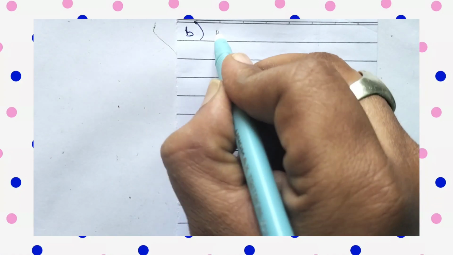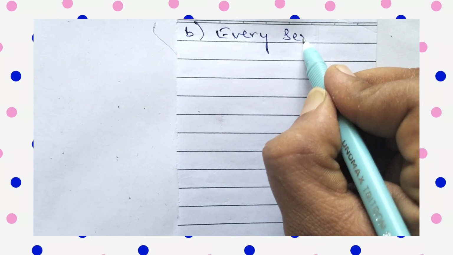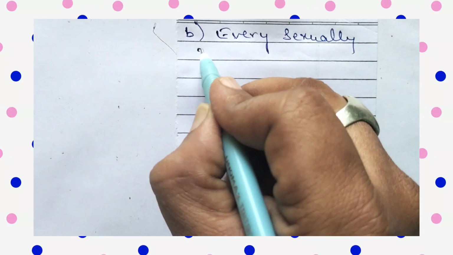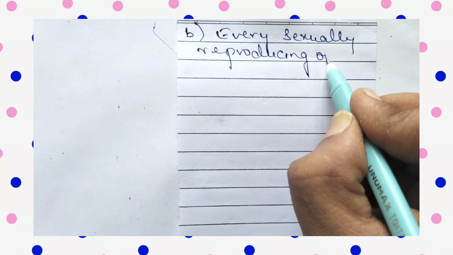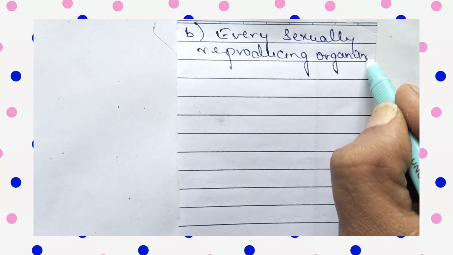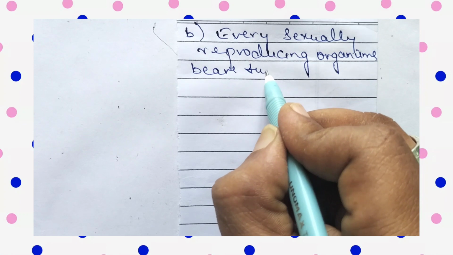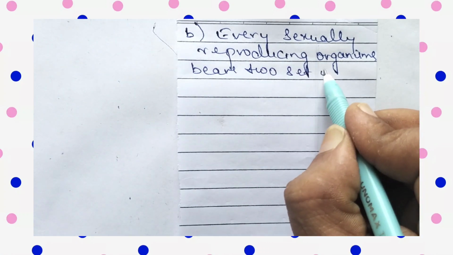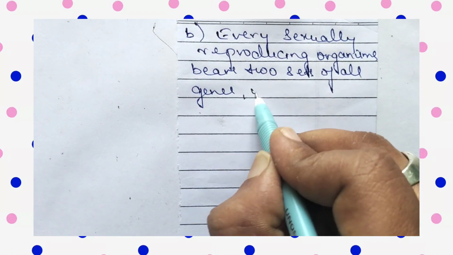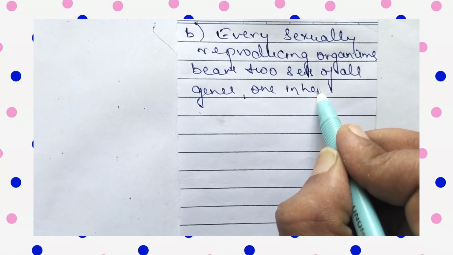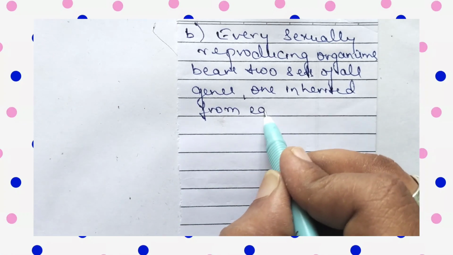The second point is every sexually reproducing organism bears two sets of all genes, one inherited from each parent.